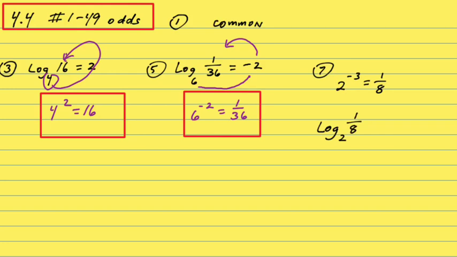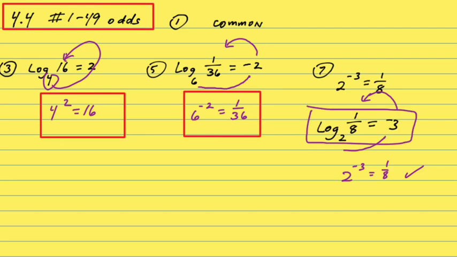So I would put the 1/8 here and the negative 3 here. You can check it. Is 2 to the negative 3 equal to 1/8? Yes, it does. So what did they do wrong? They have log base 2 of negative 3, so they don't have it written like this.